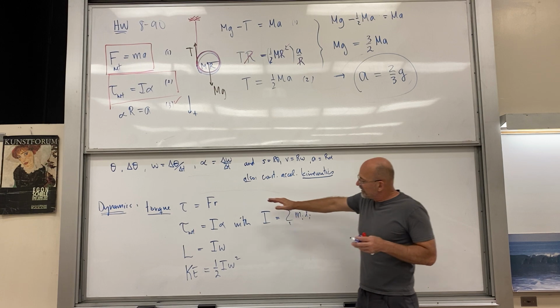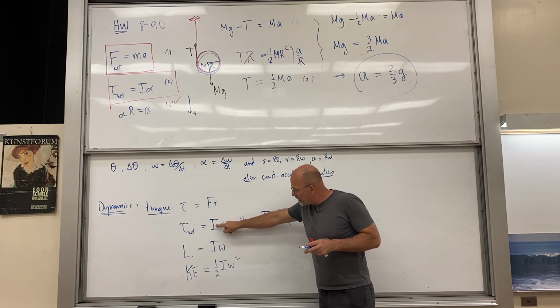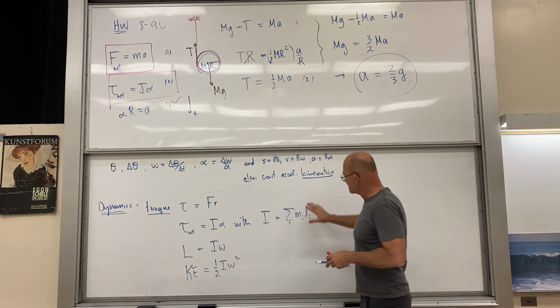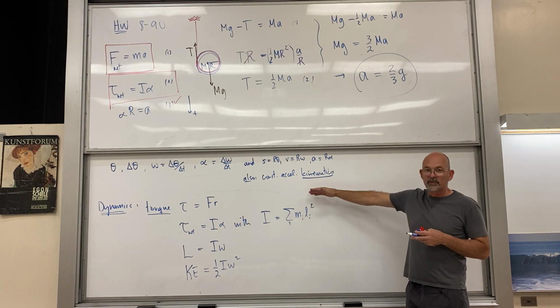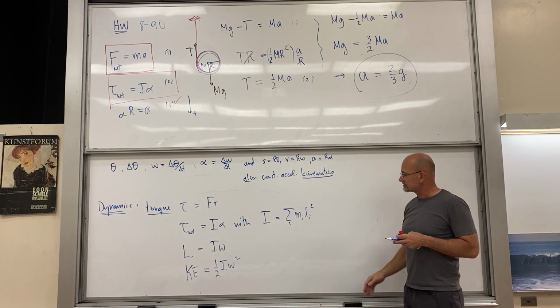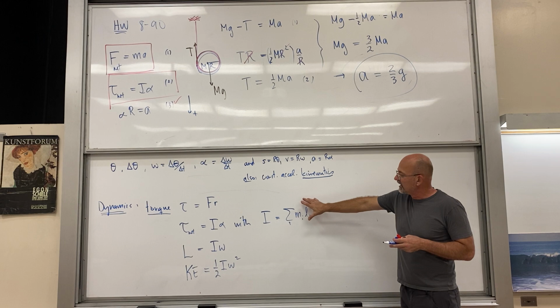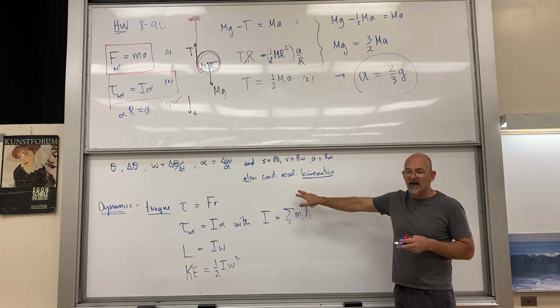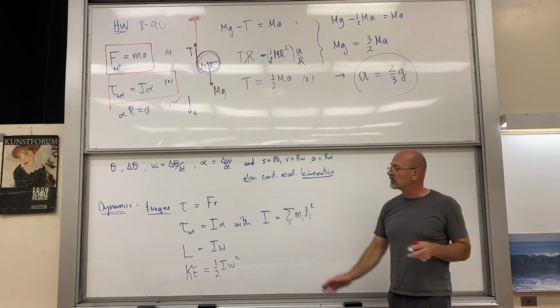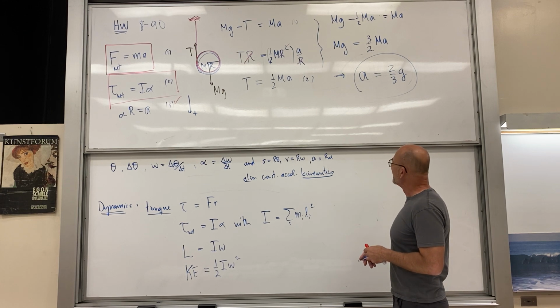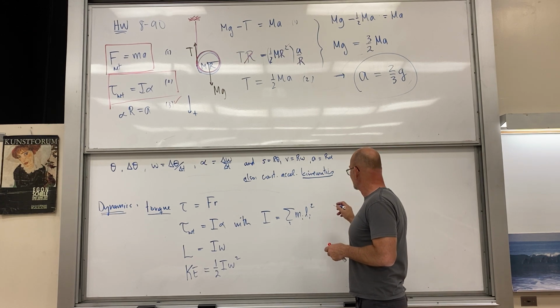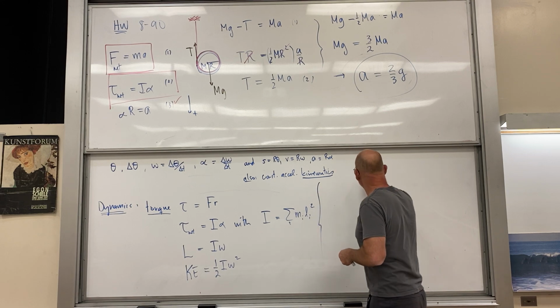So the key to all of these dynamical things is this moment of inertia, which is this mass distribution. So with this formula here, and I'm going to spend a little more time talking about moments of inertia now that we know how important they are. And there's a little table in the book, which I'll reproduce here.